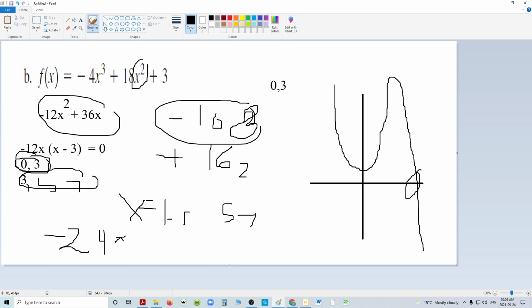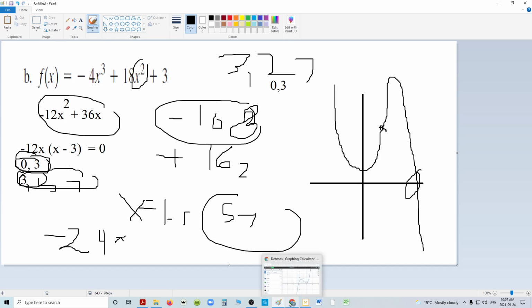It's between 0 and 3. So that means the inflection point's going to come in here somewhere. If I put it into the formula, it's going to come out as probably 3 comma, halfway between 57 and 3, so 3 comma 27 around.